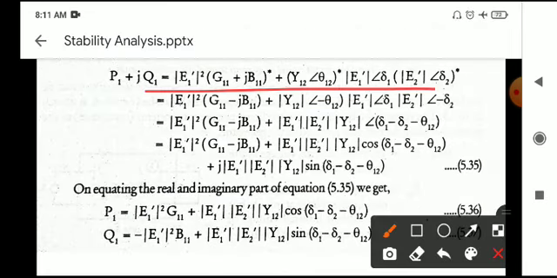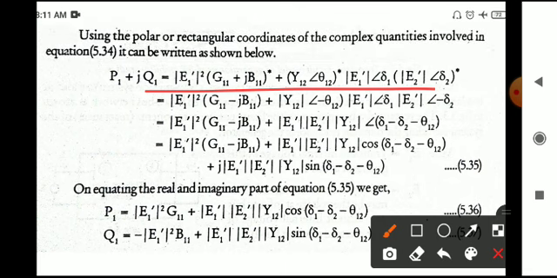In the next step, modulus of E1' square into G11 minus jB11, because G11 plus jB11 all conjugate is G11 minus jB11, plus Y12 angle minus theta 12, because Y12 angle theta 12 all conjugate.